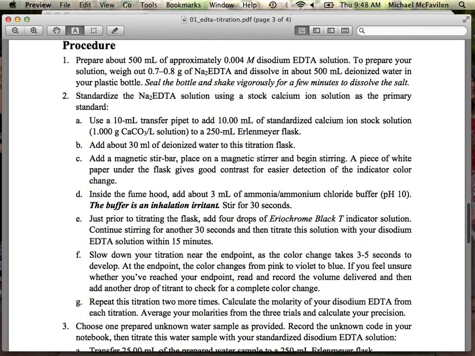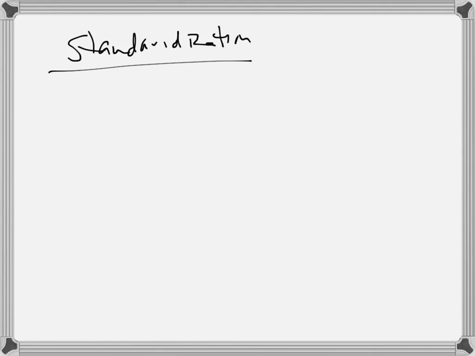What you're going to record. So what do we have for our standardization? When we go through our standardization, we're looking at, again, our EDTA reacting with metal ions to give us our metal EDTA complex.